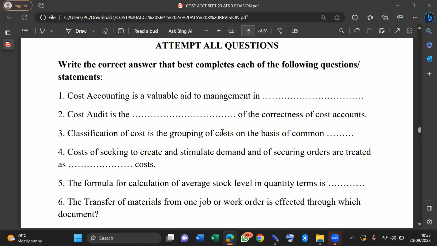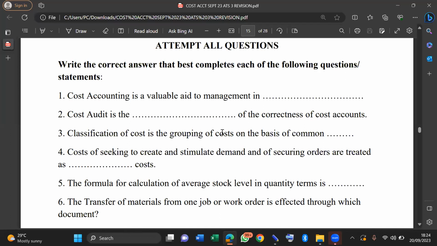If you tell me we are good to go: cost accounting is a valuable aid to management in dash. Manufacturing? Decision making. Cost accounting is a valuable aid to management in dash.